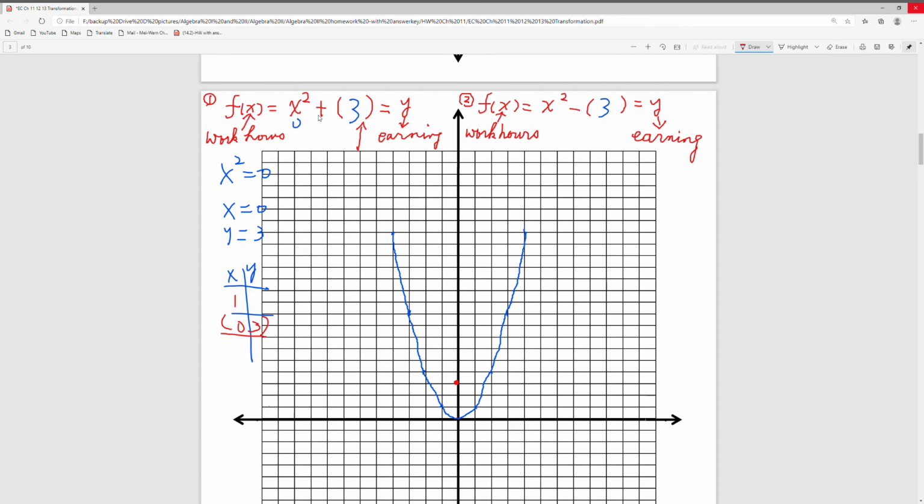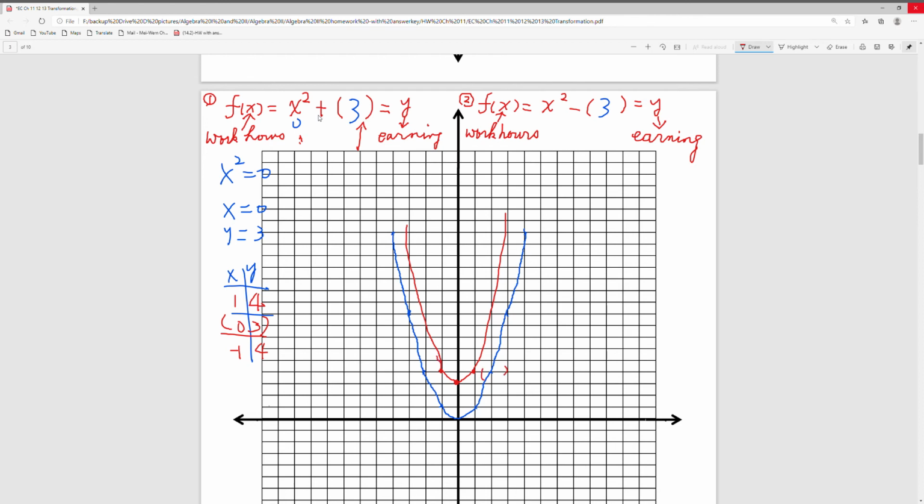So 1 plus 3 is 4. Negative 1 squared is still 1, plus 3 is 4. So you have 1, 4 and negative 1, 4, and then connect. So the whole graph is pushed up.